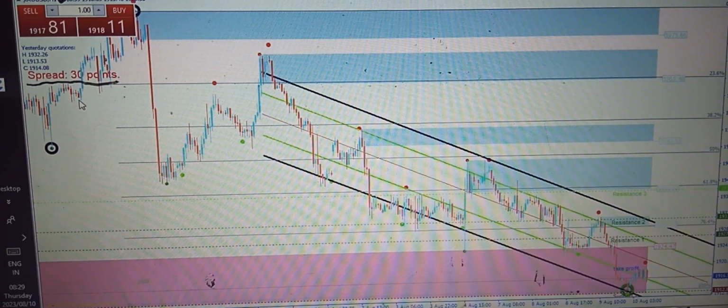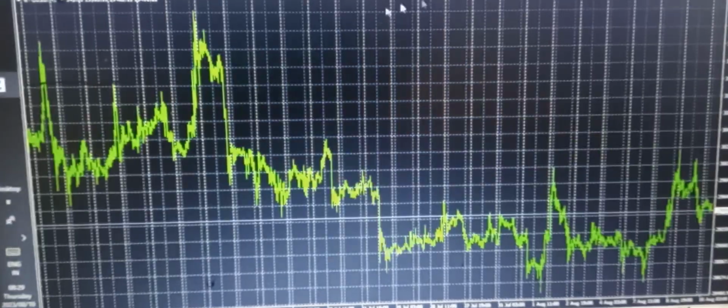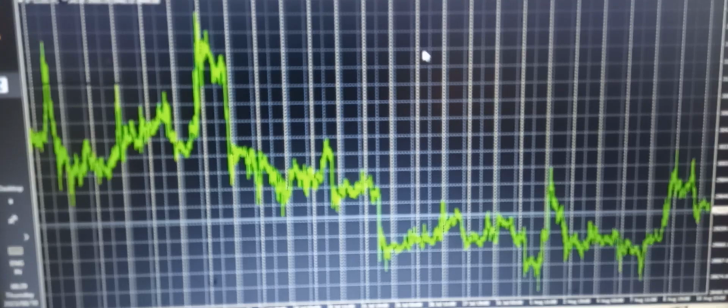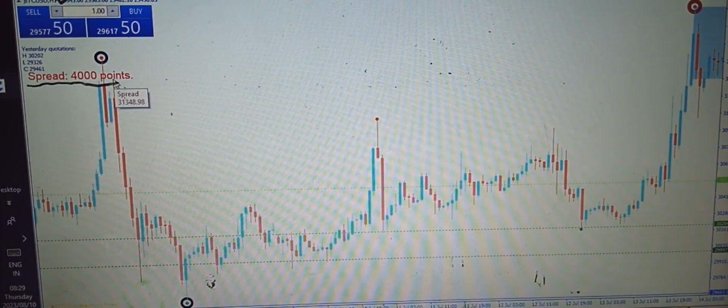Okay, let's look into Bitcoin quickly. Remember, the software trades on every pair of your choice. Now we are looking into Bitcoin quite quickly, and then we are done. Look at the spread of Bitcoin: 4,000 points on Bitcoin.